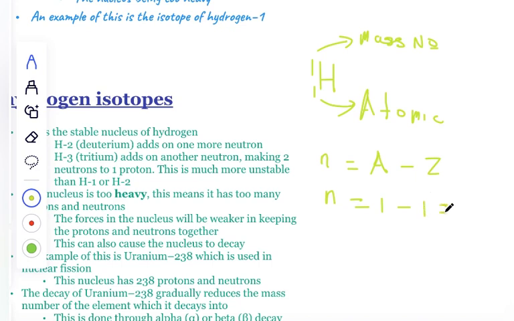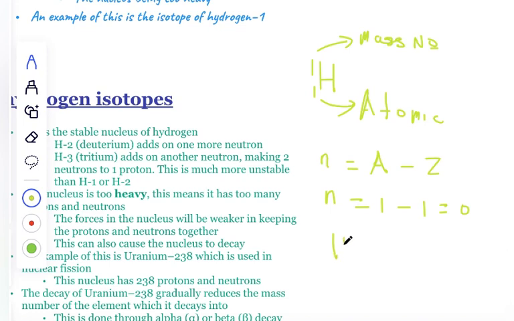There's no neutron, so this is one state of hydrogen, hydrogen 1.